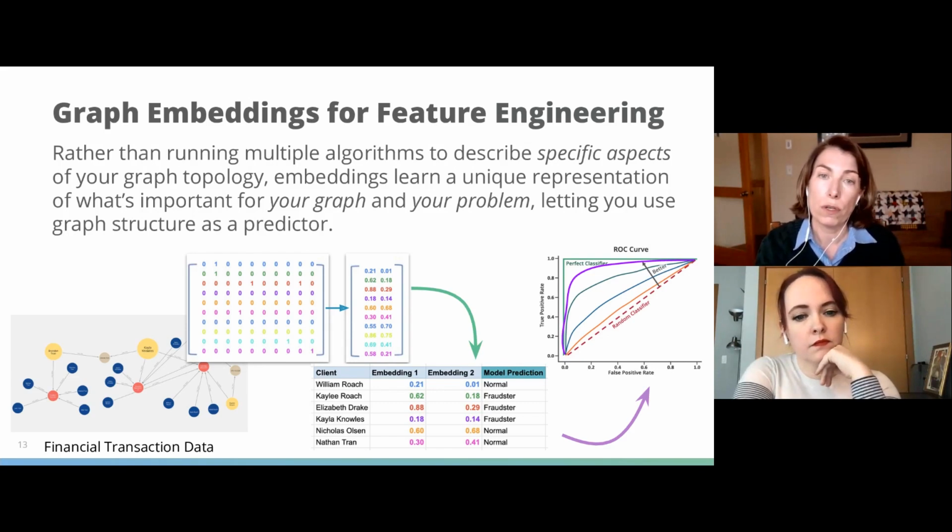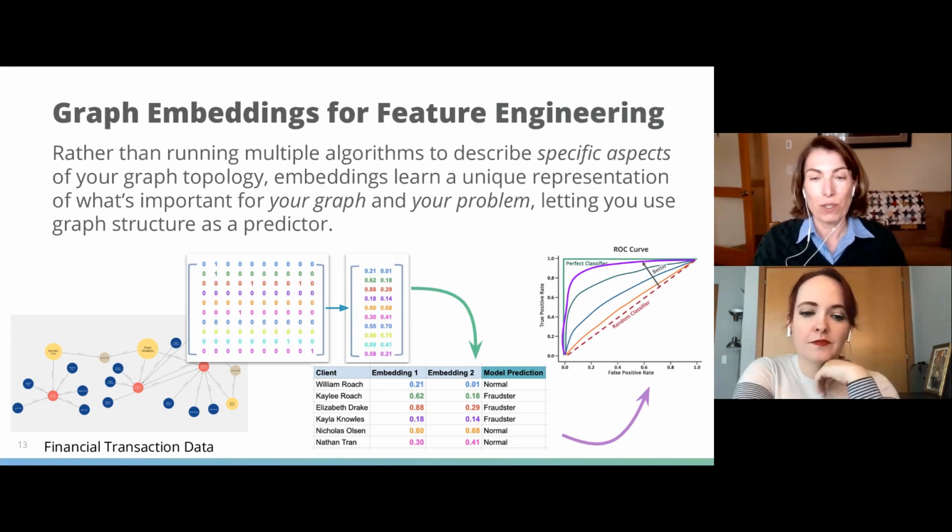If you don't know which one you need to run, you can instead describe an aspect of your graph structure, and then embeddings can learn that representation for the problem you're looking for. Something Alicia says a lot is that with graph embeddings, you're using the embedding to learn the structure for your specific problem. So depending on what your problem is, you can use the graph embeddings to learn a structure that can then be predictive.